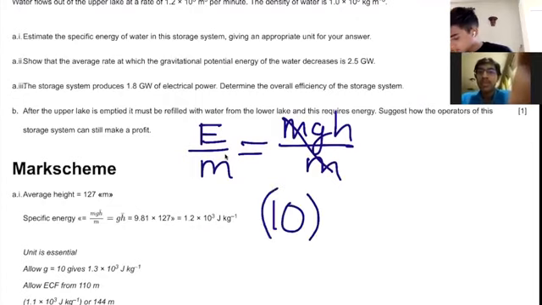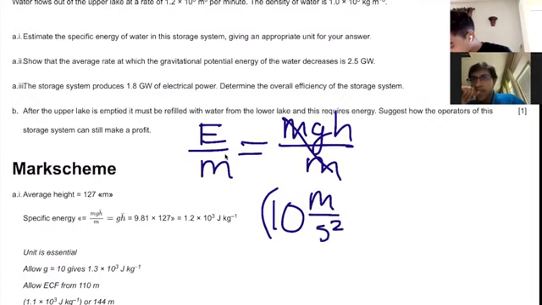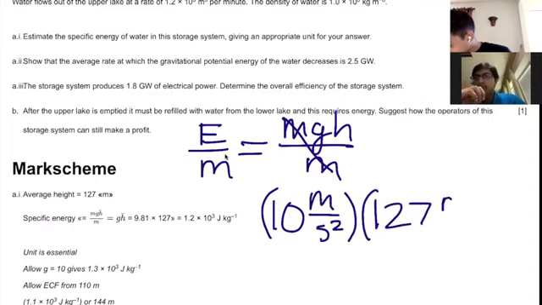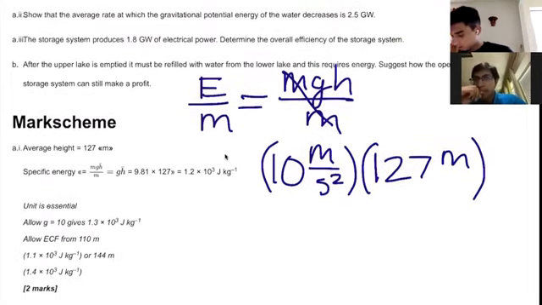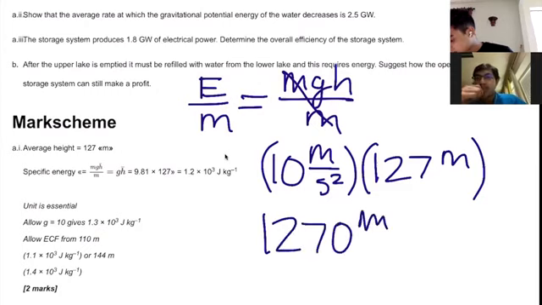So gh is 10 meters per second squared times h, which is 127 meters. And that's, I guess, I don't have to do scientific notation, 1270 meters squared per second squared.